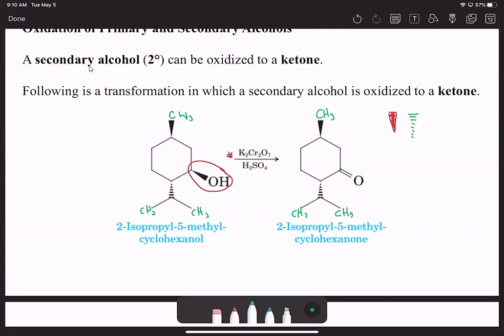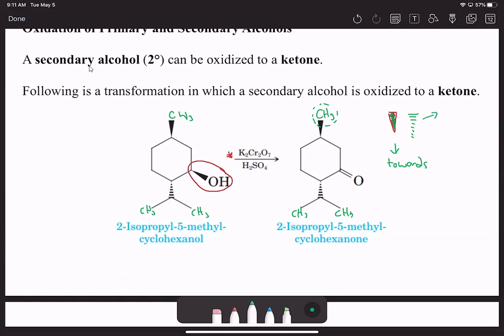What these mean is that if we see a darkened wedge, like this one here, this signifies that whatever's at the end of that, this particular CH3, is coming towards you. So we're trying to put some three-dimensional perspective in a two-dimensional drawing. That particular group of carbon and three hydrogens is pointing towards you.